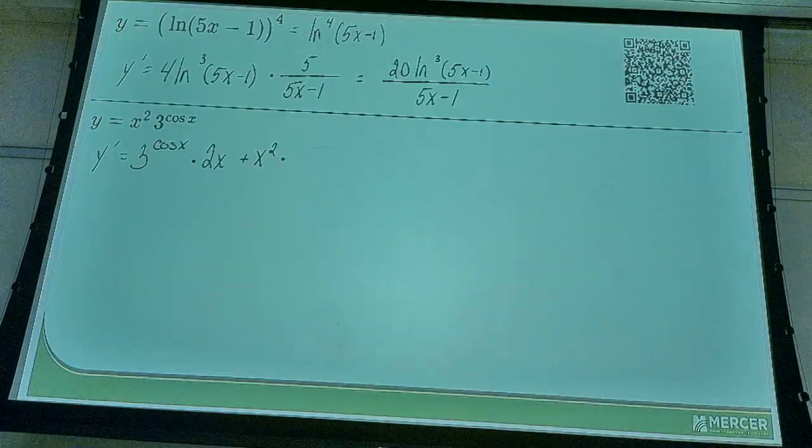Prime of cosine x times natural log of 3. You're missing something.